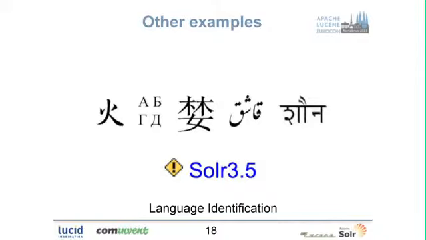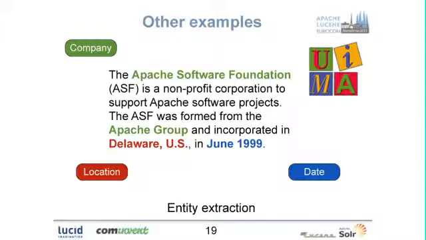So some other examples of document processing. It can come in handy for language identification. We just got that into Solr 3.5 and trunk as a contrib module using Tika's language identifier. Another example could be entity extraction. You could have a text and you can pull out company names, locations, and dates, for instance, and many more things.